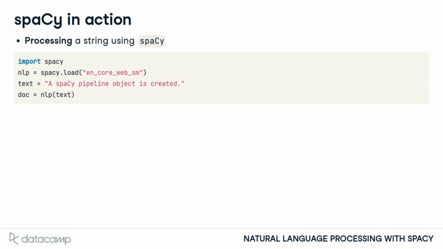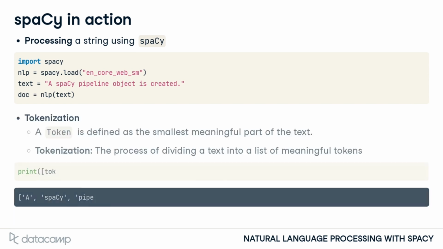Let's look at an example of processing text with spaCy. This example will use a pre-processing step known as tokenization. The first step is to read text. In this case, the string is a spaCy pipeline object. We convert this text into a doc object by running a loaded spaCy model NLP on the text.